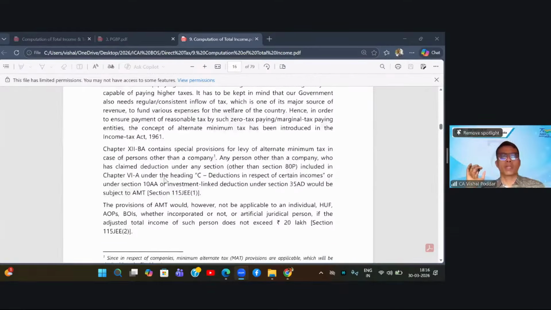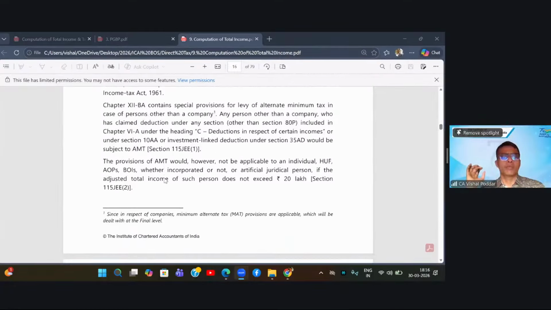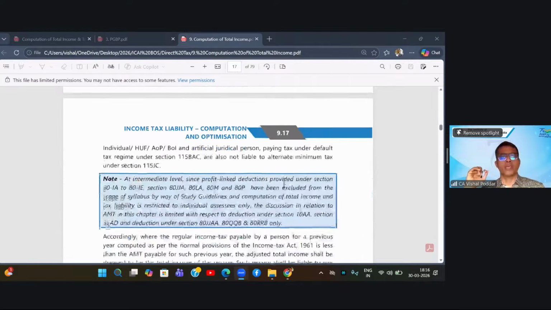And if after adjusting these deductions, your total income is exceeding 20 lakhs. If your total income is not exceeding 20 lakhs, AMT would not apply. So you should be a person other than a company, you should have claimed these deductions, and your adjusted income, that is after adding back those deductions, should exceed 20 lakhs. Only if all these conditions are satisfied, AMT is applicable.